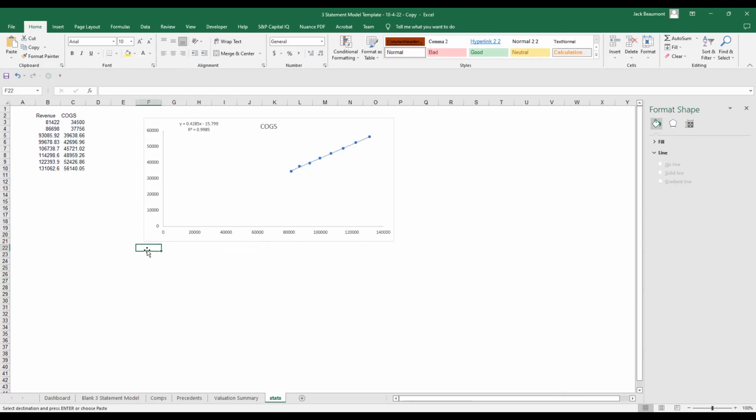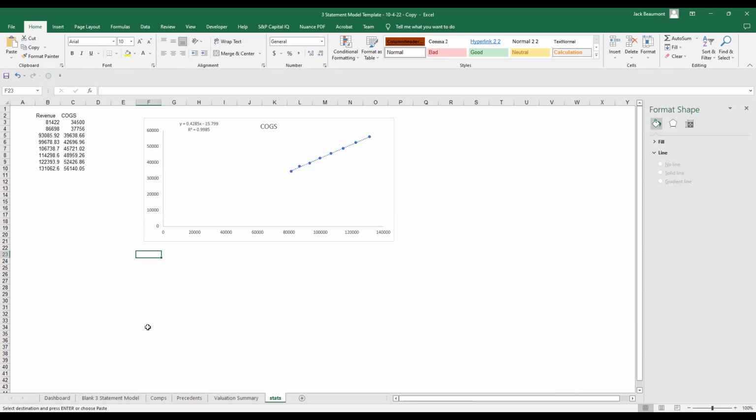Before, we used the cost of goods sold as a percentage of revenue, and then we used the average. But if we had this equation, we can use it to forecast cost of goods sold in the future, just by knowing what the revenue was.